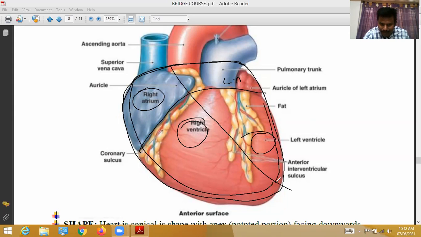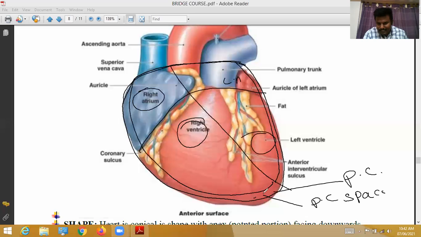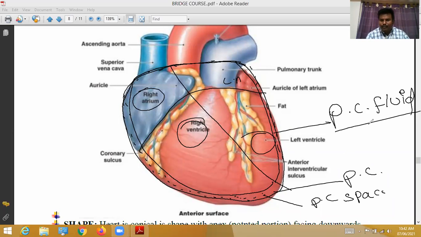These membranes are called pericardial membrane, pericardium. The space is called pericardial space. This space is filled with a fluid, the pericardial fluid. This pericardial fluid protects the heart from all directions, from physical shocks or blows.